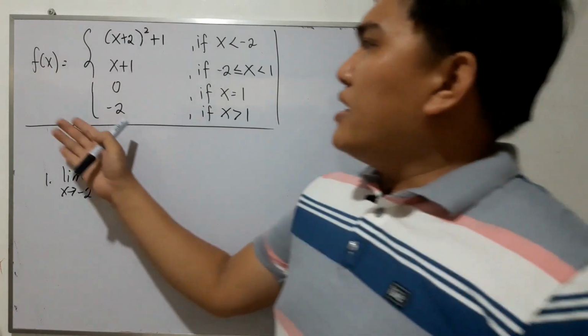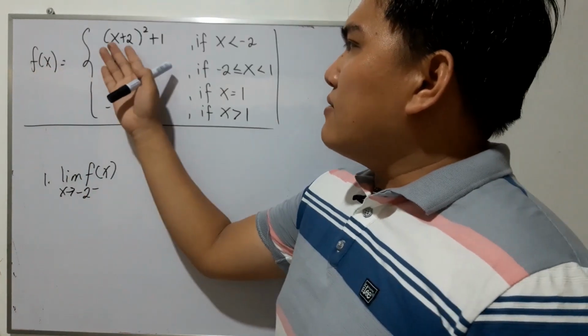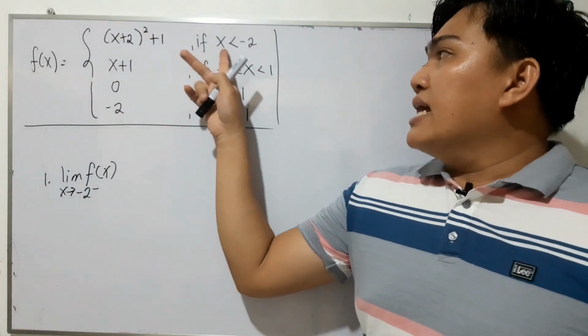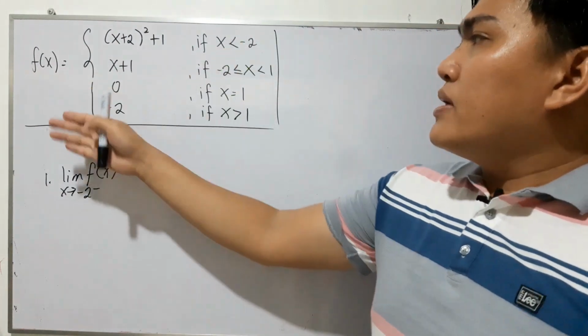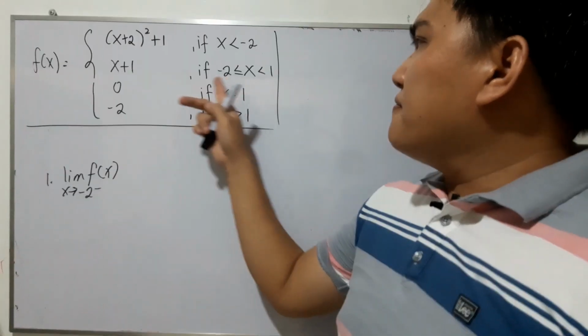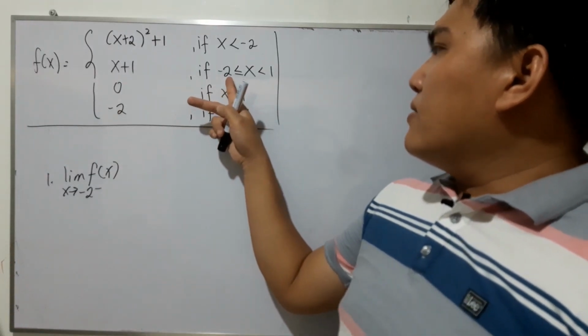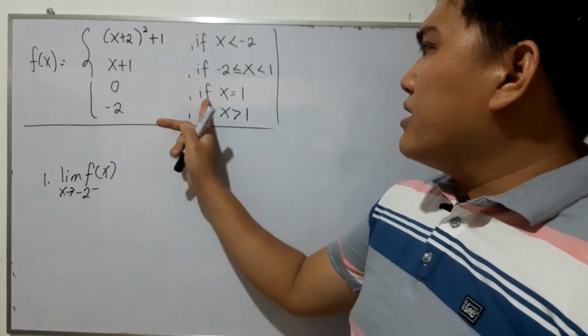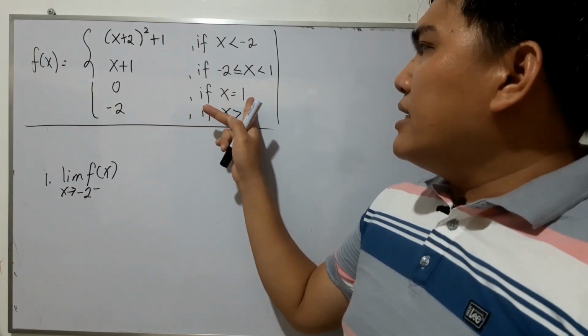We are given the function f of x equals (x plus 2) squared plus 1 if x is less than -2. f of x is x plus 1 if x is greater than or equal to -2 but less than 1. And f of x is 0 if x is equal to 1.